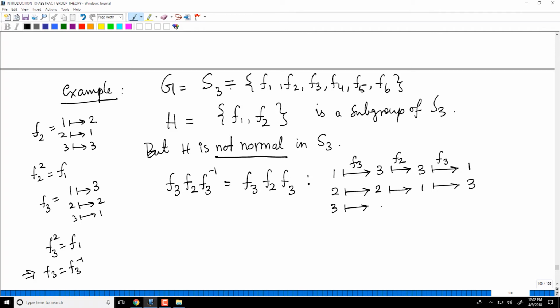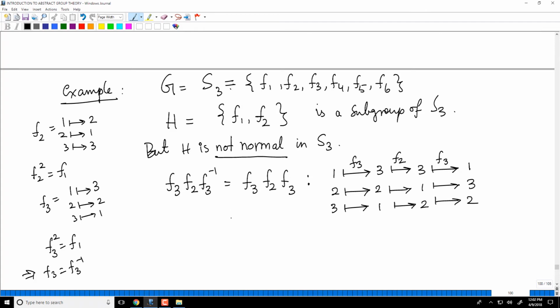Similarly, 3 goes to 1 under F3, 2 under F2, and 2 under F3. So F3 F2 F3 is the function which sends 1 to 1, 2 to 3 and 3 to 2.